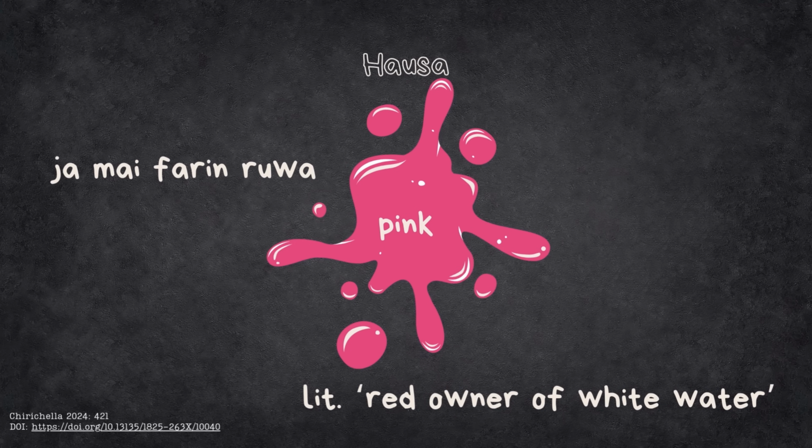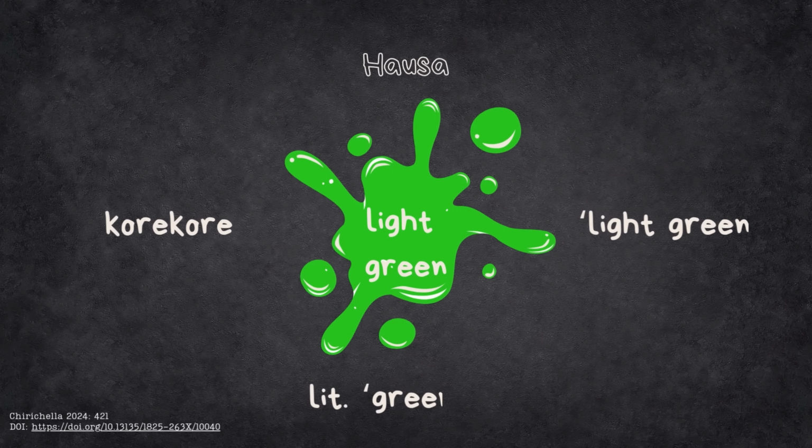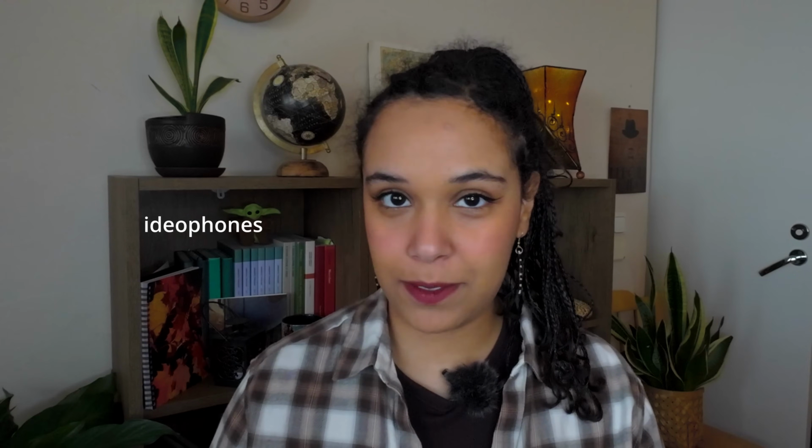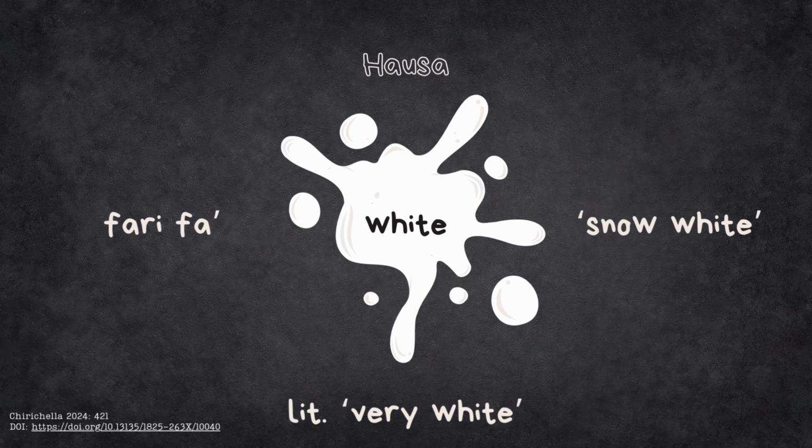And this expression stands for pink, the color pink, which is in fact a shade of red and white. But they also adopt reduplication for other cases, such as kore kore to say light green. But they also use ideophones sometimes, such as farifa, very white, literally, but meaning snow white.